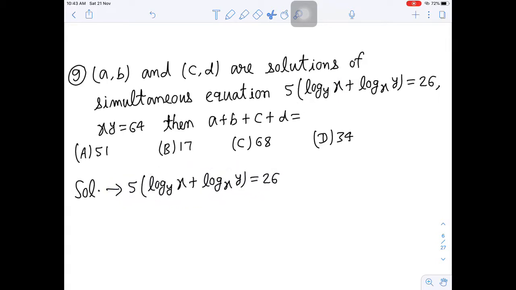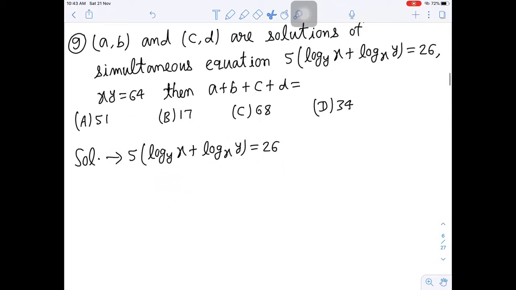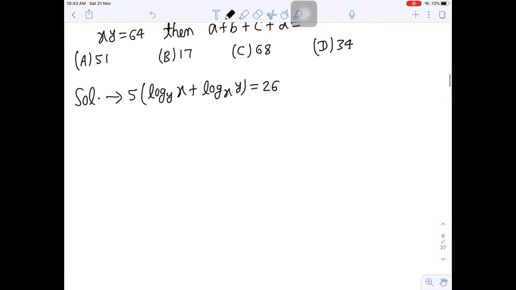Now in this equation, what you can observe is that log x base y and log y base x are reciprocals of each other. There is an identity also, right? According to that, log b base a is nothing but the reciprocal of log a base b.